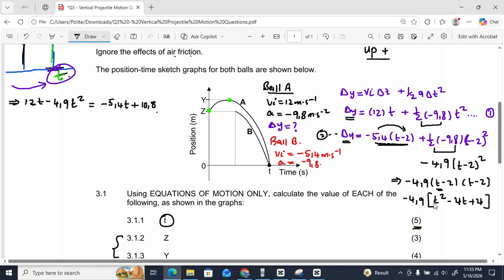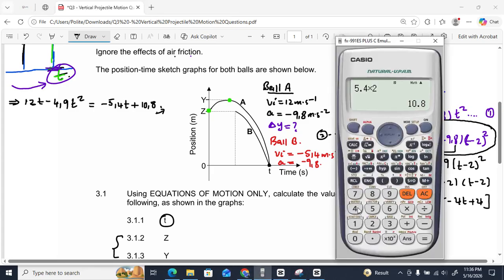What's next? We need to multiply out the bracket with that minus 4.9, because whatever I get, I need to substitute it right there. I'm trying to simplify this part here. When I multiply out the bracket, I get minus 4.9t squared, then minus 4.9 times negative 4.